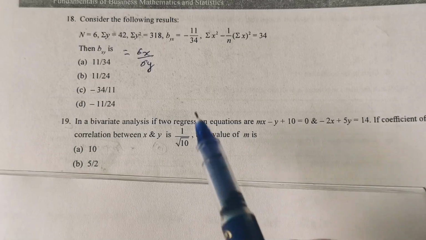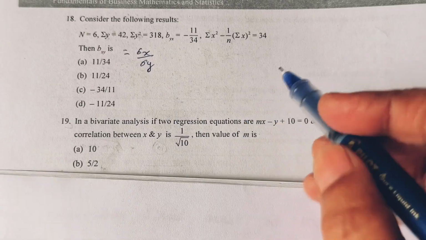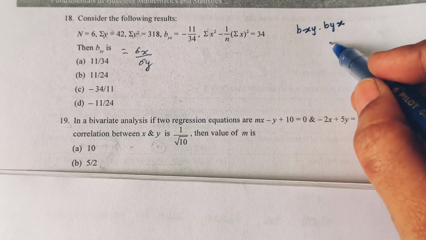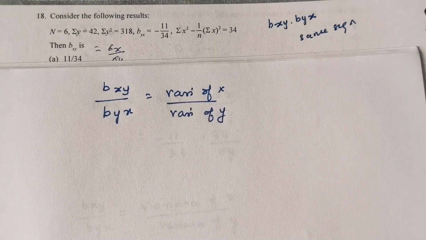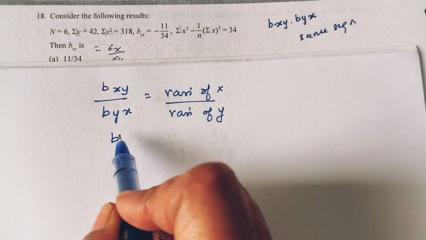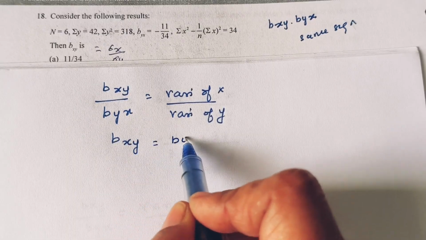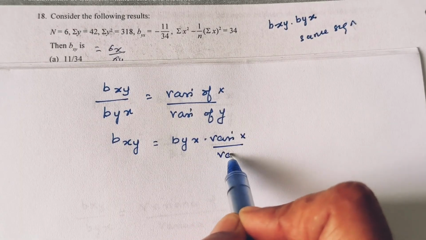Next, question number 18. You know that bxy and byx should be of the same sign, so you won't get option A or option B because byx is given as negative. So you have to check whether C or D. A tricky way of calculation, bxy is equal to byx into sigma x by sigma y.